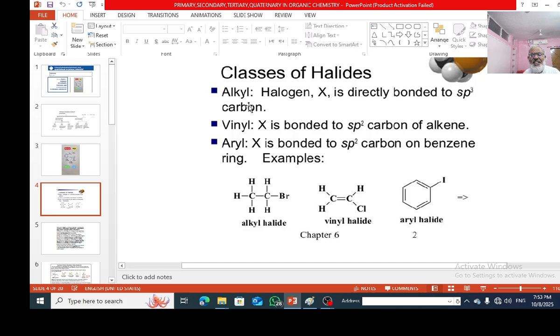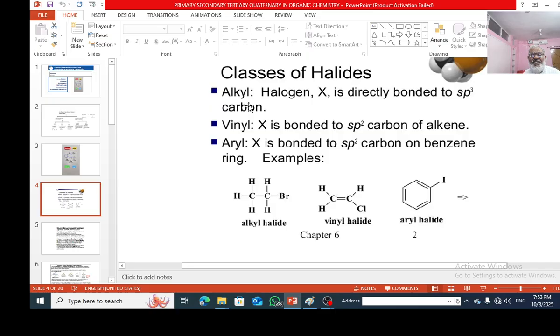Look into this carefully. All sorts of carbon are shown here. Look at 1 degree. This is the primary carbon, because this carbon, kindly look at the cursor, is bonded to this carbon only. That's why this is known as primary carbon.